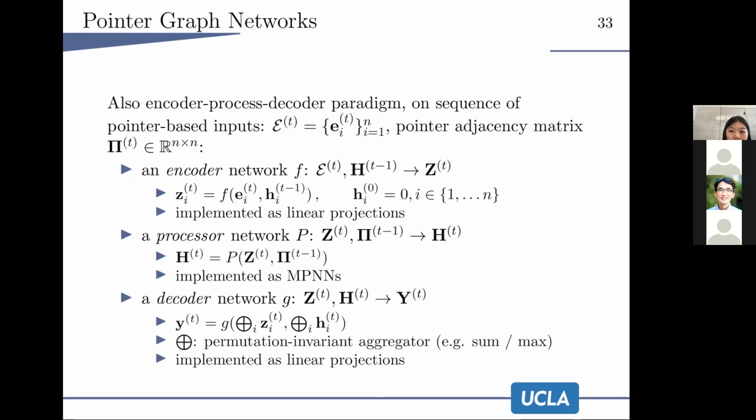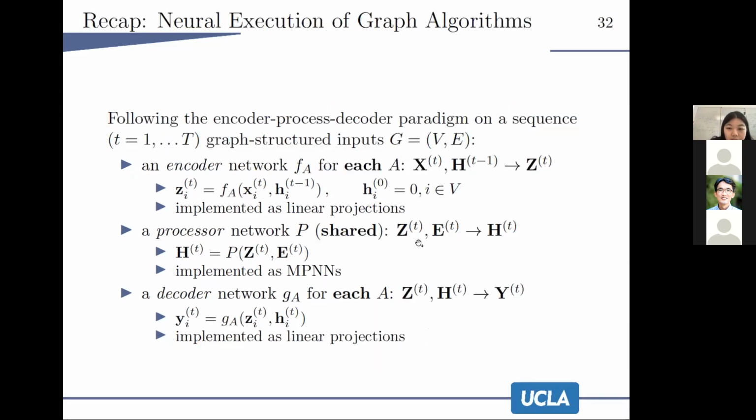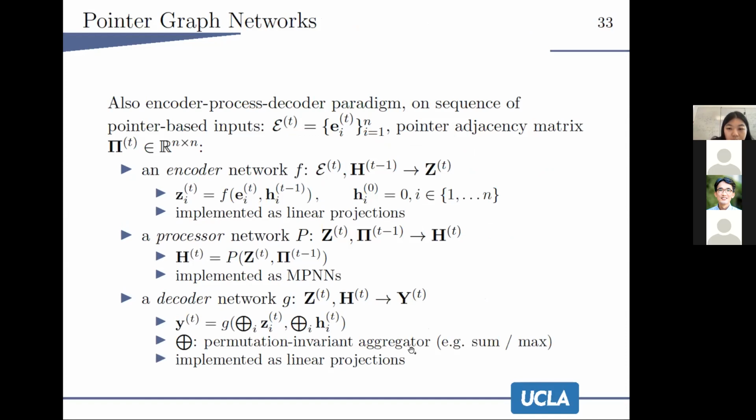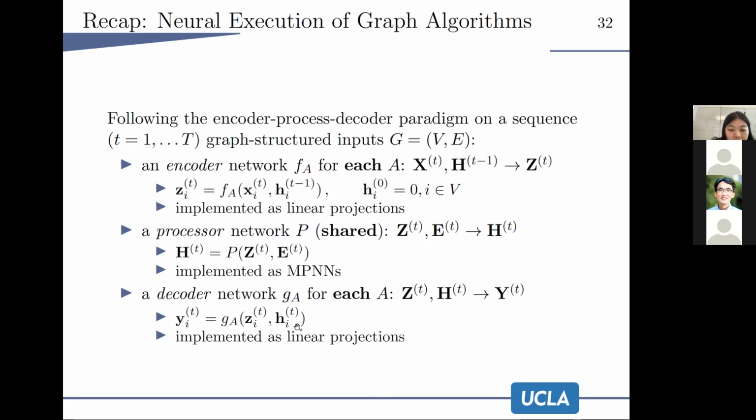And in the pointer graph networks, we no longer have the fixed set of edges, but we have previous step pointers, and we also have some e representing the operations on each step. If we write it out, it looks almost identical to the previous version.